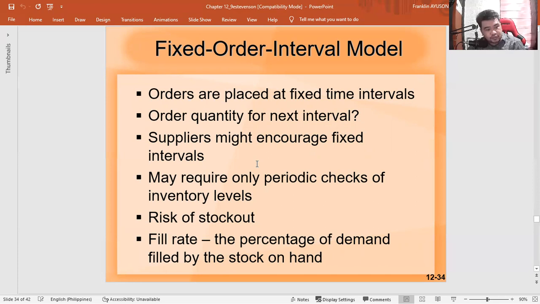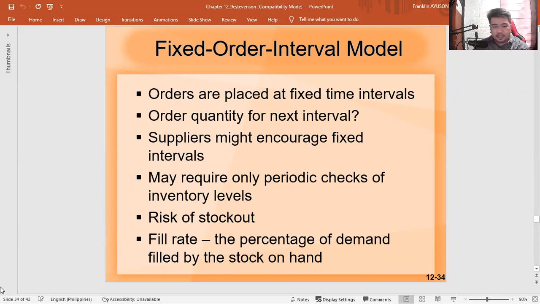Okay? That also affects their inventory. Okay, it may require only periodic checks of inventory level. There is risk of stock outs. Okay, kasi nga yung ating reorder is fixed. Ibig sabihin hindi tayo nag-a-adjust sa demand. And the fill rate or the percentage of demand filled by stocks on hand must be considered.